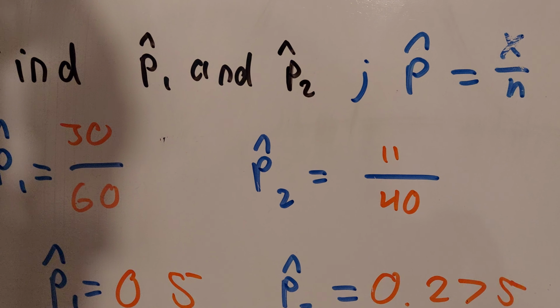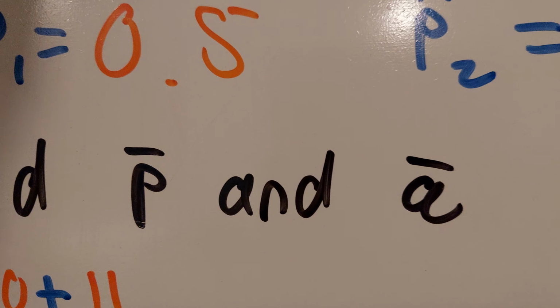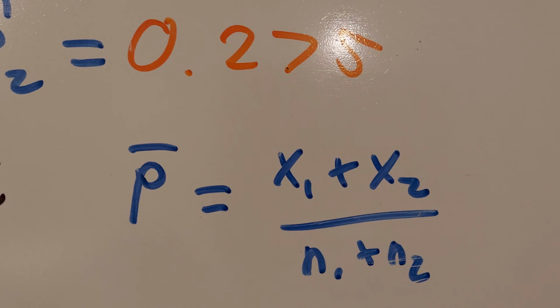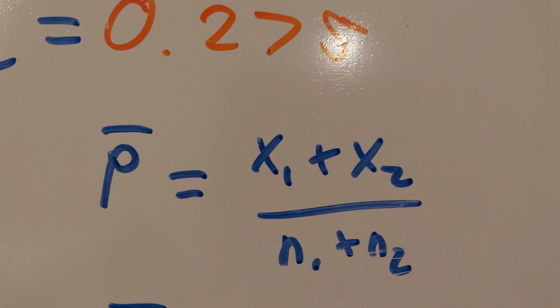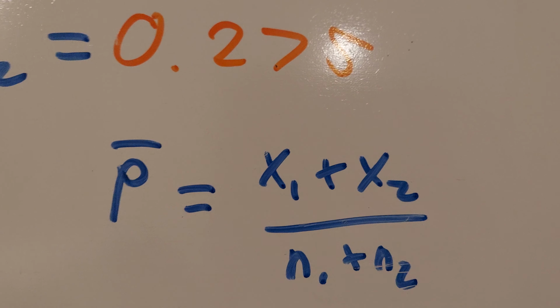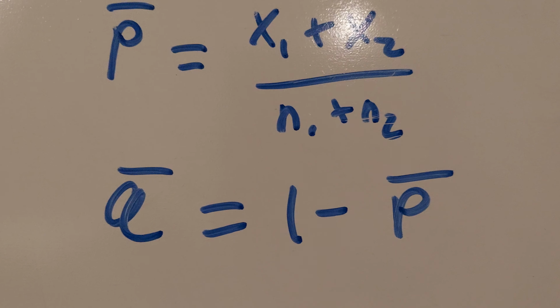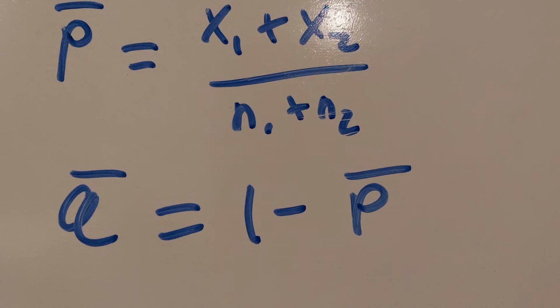Now let's find p line and q line. We're going to be using these formulas. To find p line, it's x1 plus x2 divided by n1 plus n2. To find q line, it's q line equals 1 minus p line. So we have to do p line first.